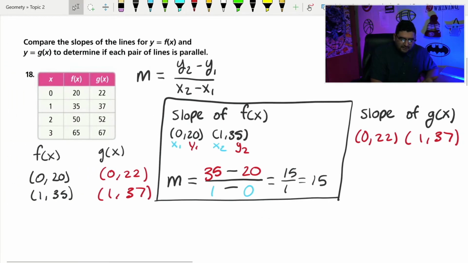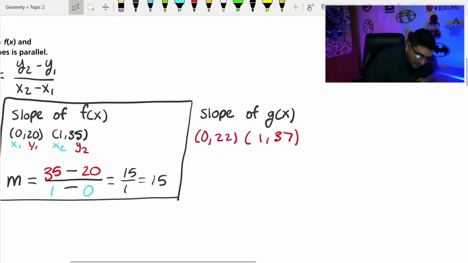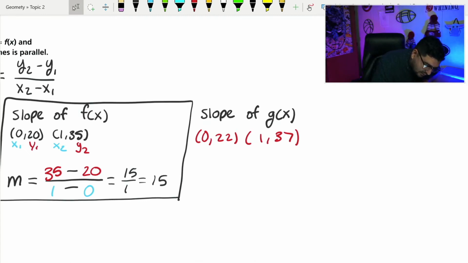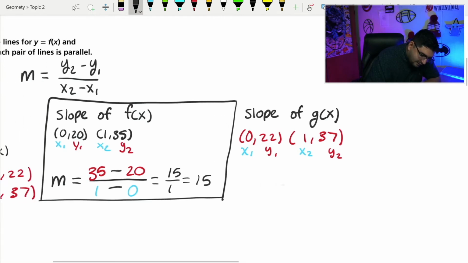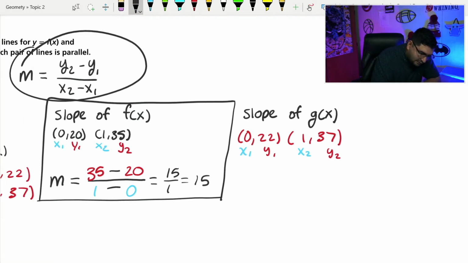I could have chosen any other points, but we're going to make sure we choose the same 2 points in this case, with x being 0 and x being 1. And then my y values, y1, y2. I always like to label my points. It makes it easier for me when I'm plugging them into my formula. Again, my formula is right there up at the top, y2 minus y1 over x2 minus x1. So I write m equals.